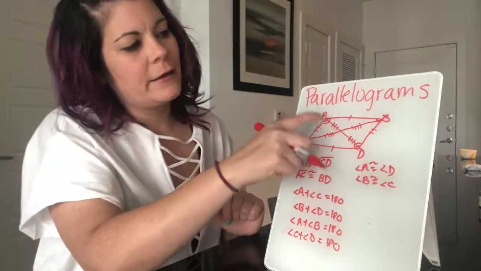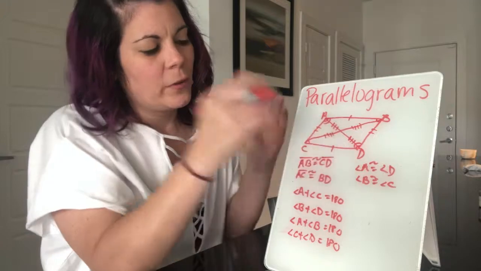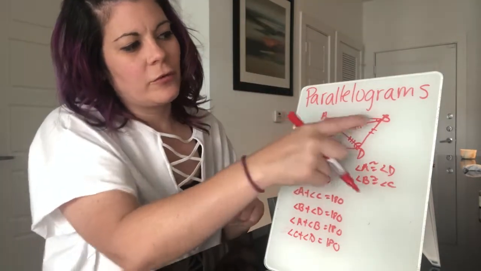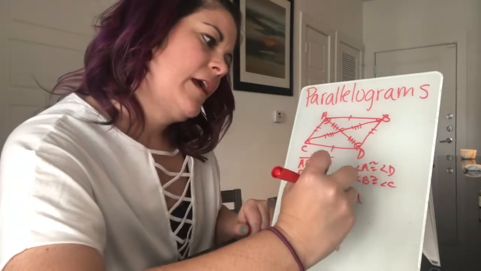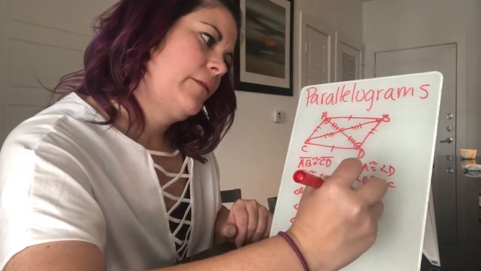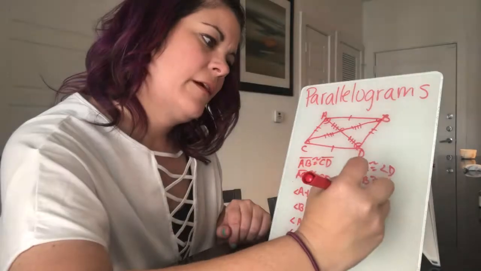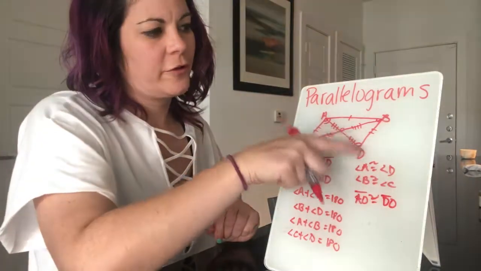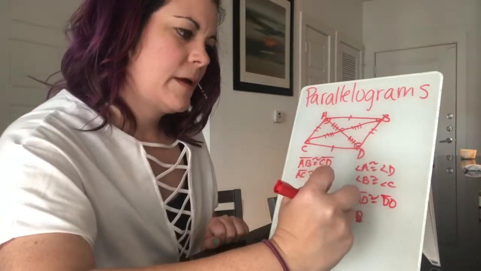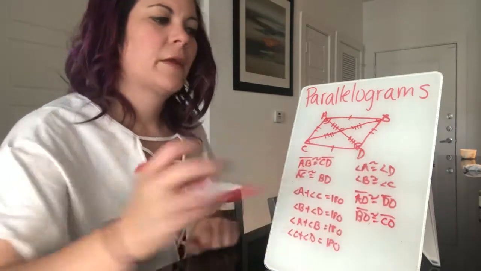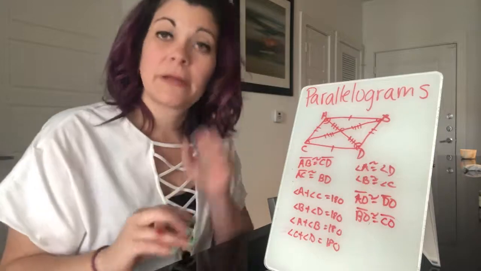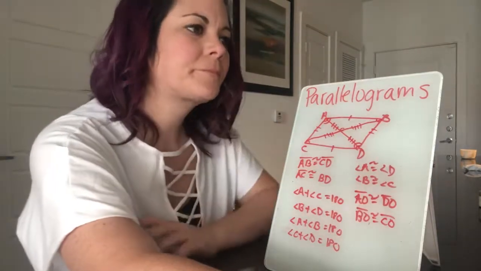When they bisect each other, when they intersect, it splits it into two congruent parts. So if I name the middle point O, then AO is congruent to DO, and BO is congruent to CO. So those are the four properties of a parallelogram.